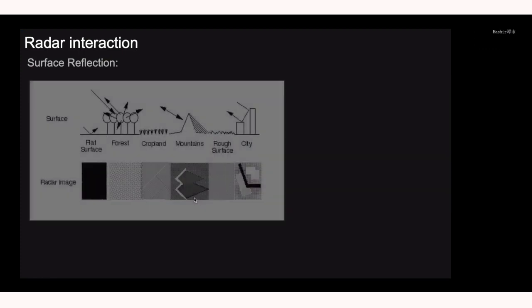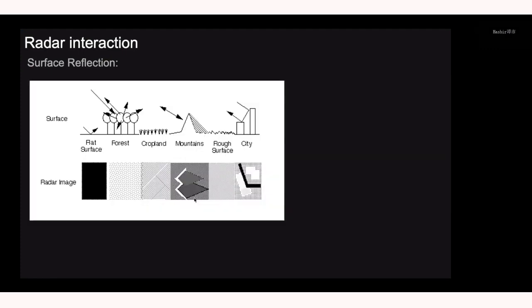As I said, flat surfaces generally appear black or dark because the energy is reflected away from the sensor. A calm water body will also appear dark in the radar image, but sometimes it can appear a bit grayish because of the movement of waves.